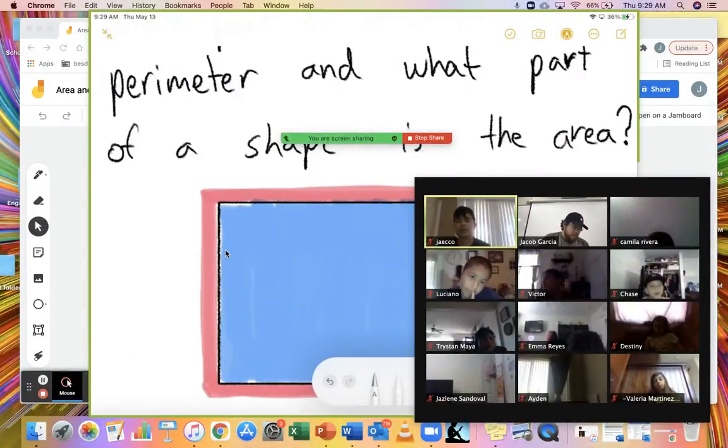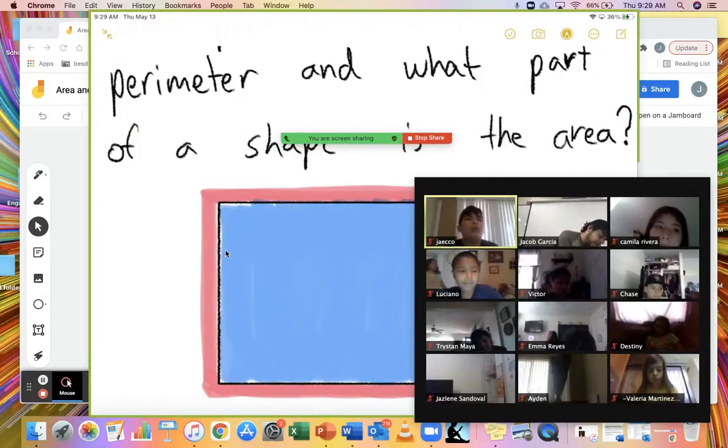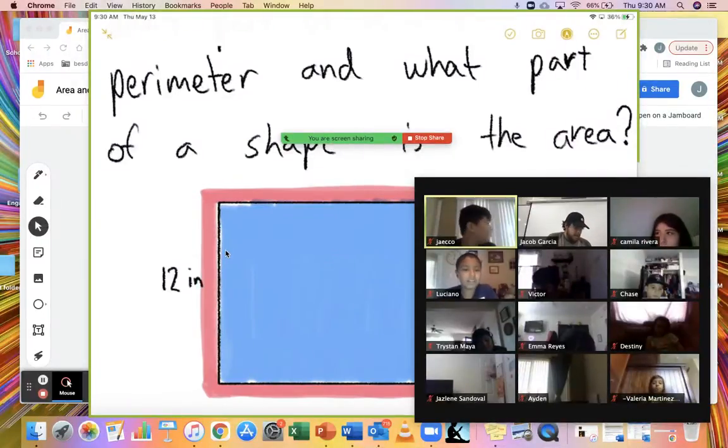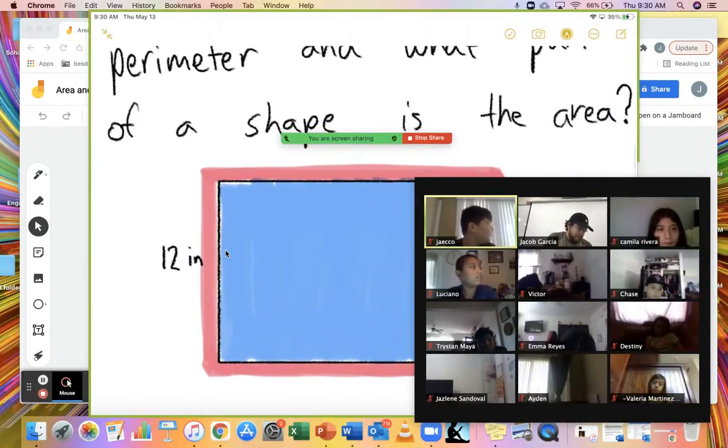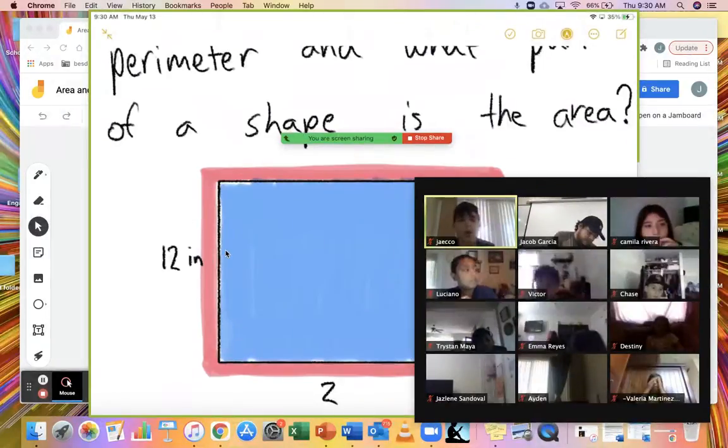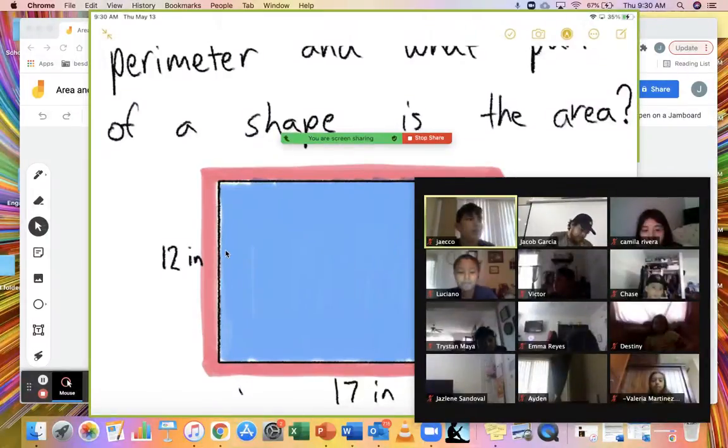Okay, so I'm going to go ahead and give some of these sides some numbers so we can work them out. I'm going to say that this side is 12 inches. And down here, this is 17 inches.